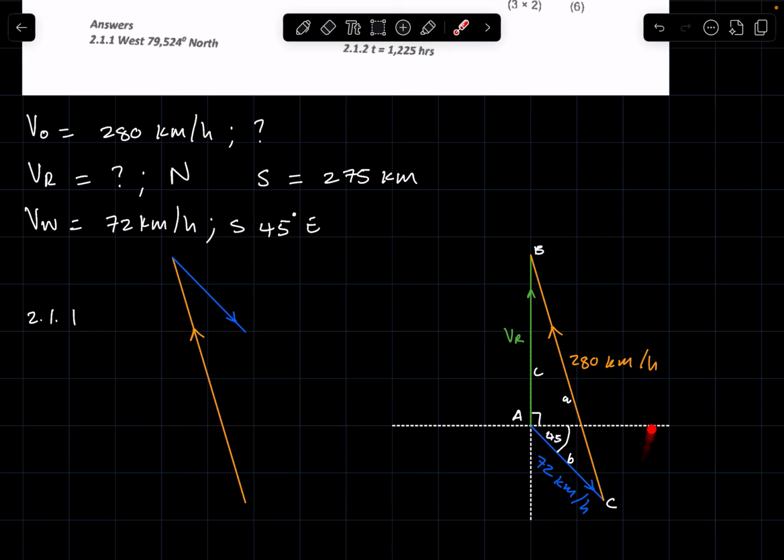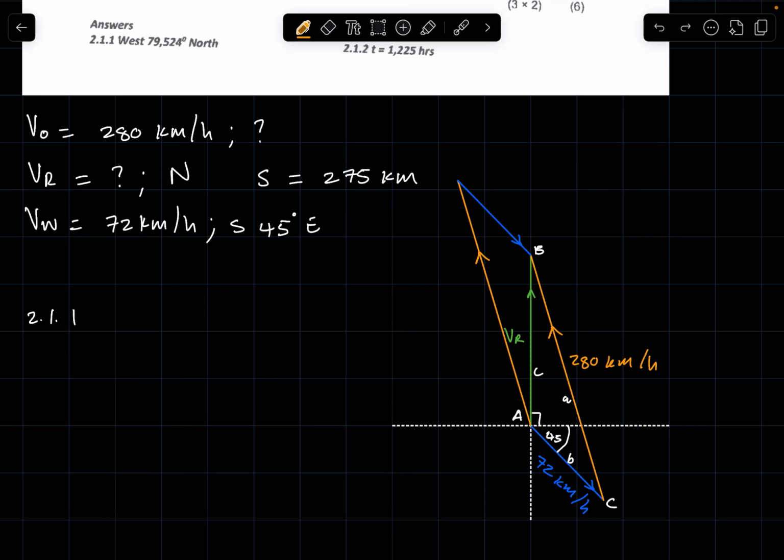This is what we've drawn, this is our vector diagram. But bearing in mind that this is the practical way of doing things, this will tell you which angle you must calculate. Now here, either you are going to calculate this angle or this angle.